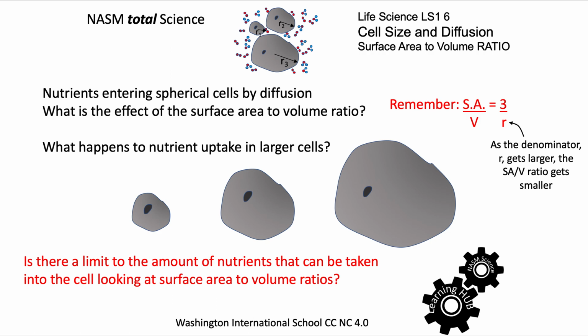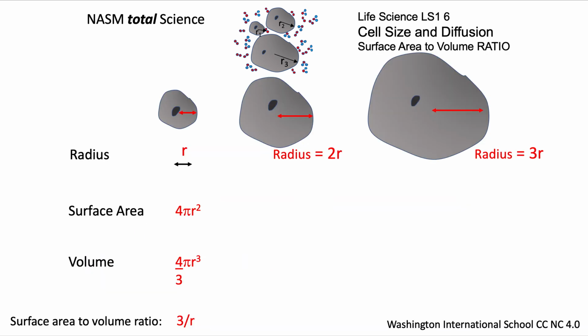So is there a limit to the amount of nutrients that can be taken into a cell, just investigating surface area to volume ratios? The one on the left has radius r, with the formulas for surface area and volume, and the surface area to volume ratio is 3 over r.